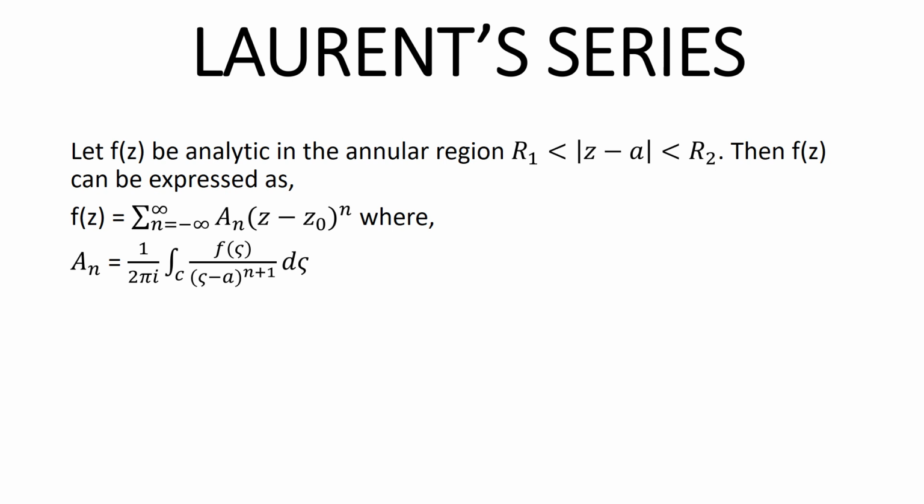For Taylor's series, the region is simply connected. That is, we had modulus of z minus z naught less than r. Whereas for Laurent series, we have the annular region, that is doubly connected region, R1 less than modulus of z minus a less than R2.